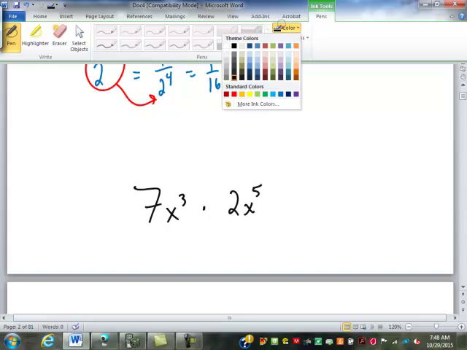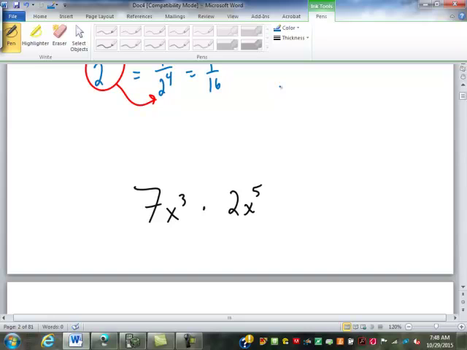If you have something like this, however, where I'm multiplying numbers, 2 times 7, those numbers still get multiplied to make 14. X to the 3rd times x to the 5th is x to the 8th. We add the powers when we're multiplying. Okay.